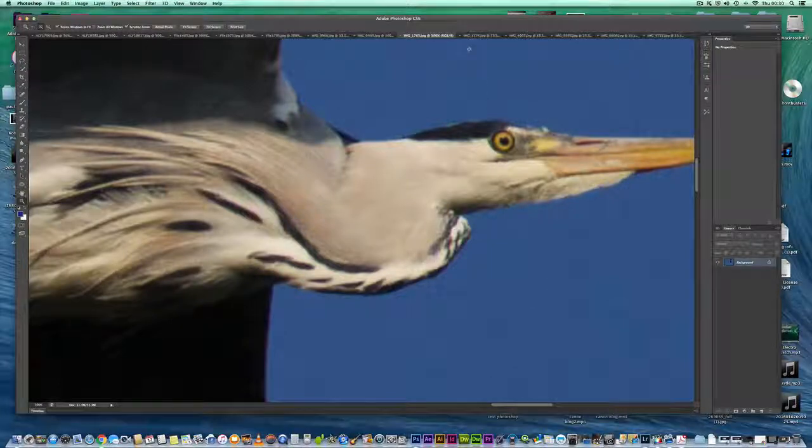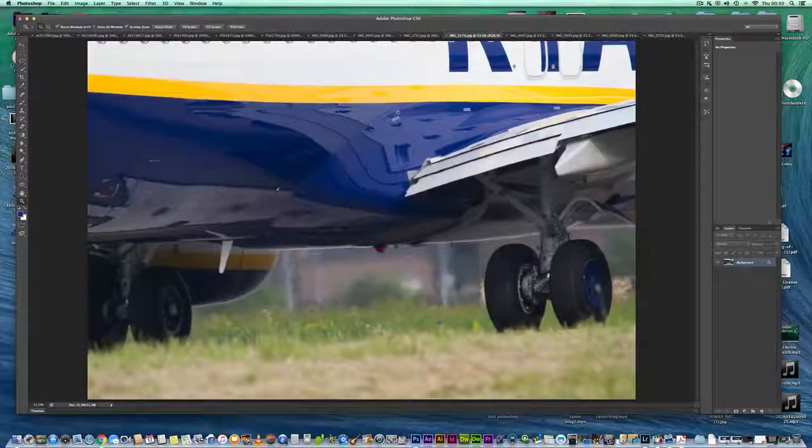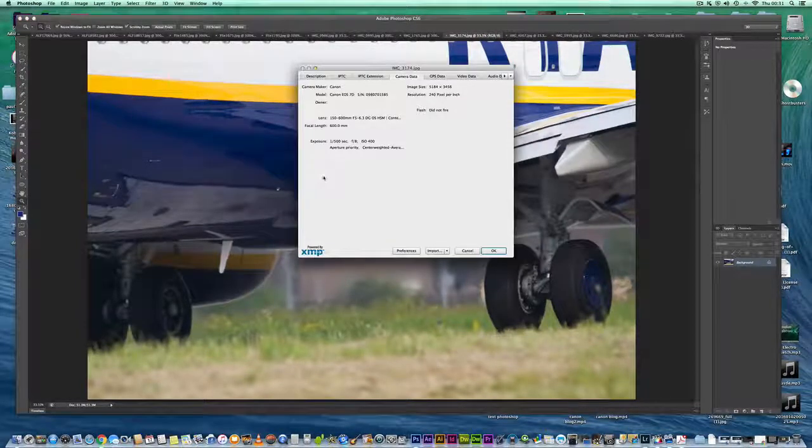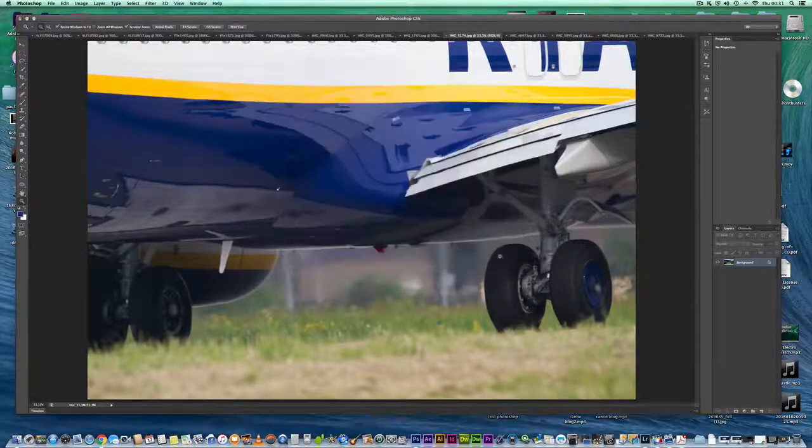Right, let's move on to the next image. Here we're at Leeds Bradford Airport. So let's look at the file details. 600mm, 1/500th of a second, f8, ISO 400. 7D, again it's on high settings, the camera.